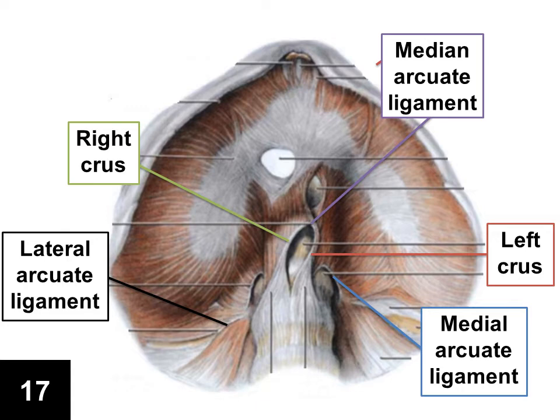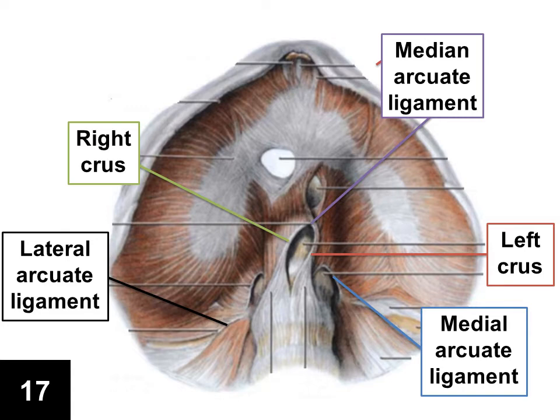Now you can see the median arcuate ligament, which joins the two ligaments, that is the right crus and the left crus; they are connected by the median arcuate ligament. Also inferiorly you can see the medial arcuate ligament indicated by the blue color arrow, and lateral to it is the lateral arcuate ligament.